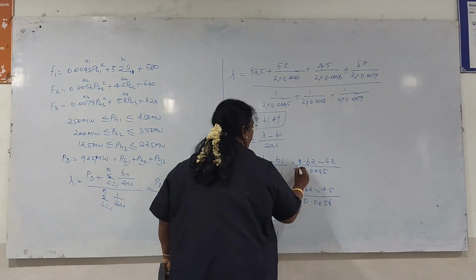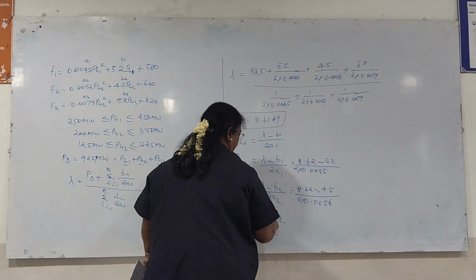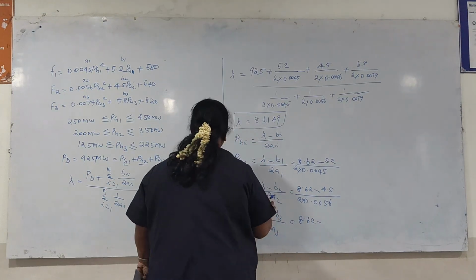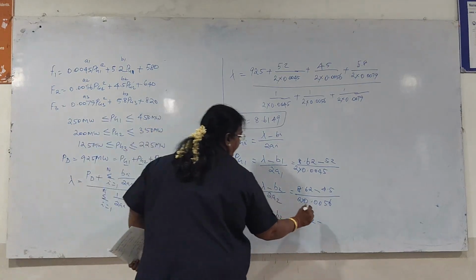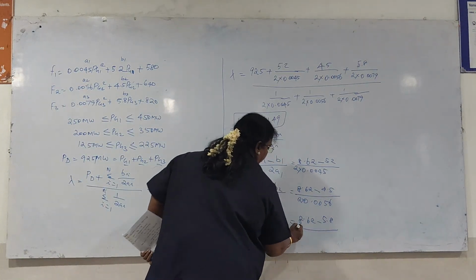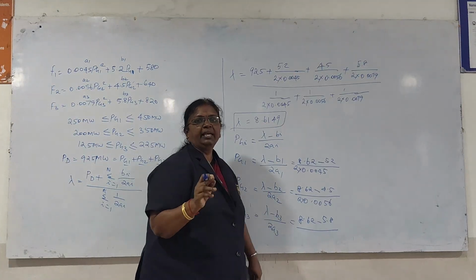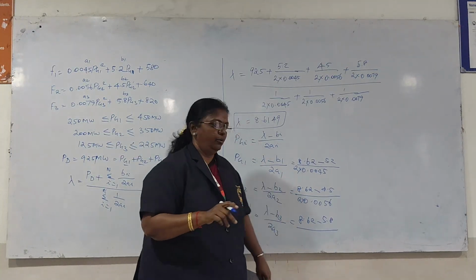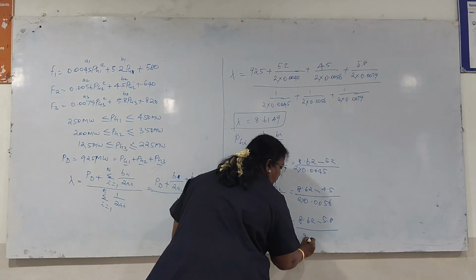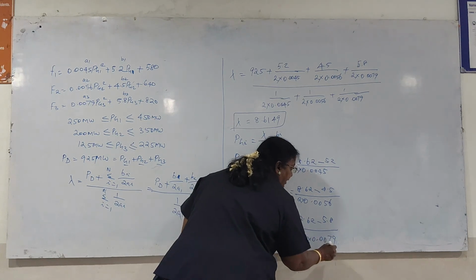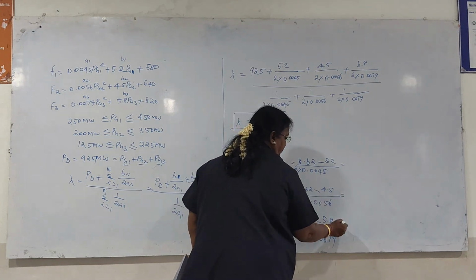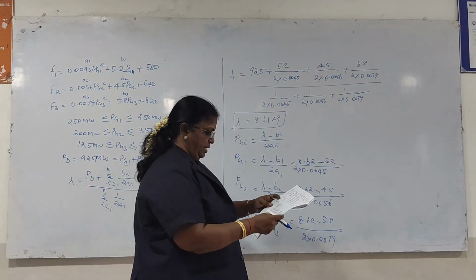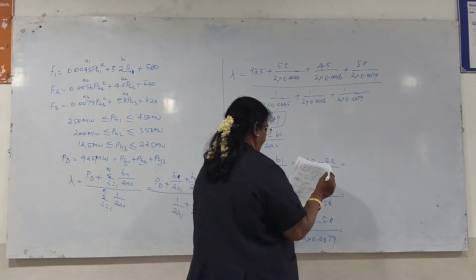Then lambda 8.62 minus B3. B3 is 5.8 by 2 into A3. A3 is 0.0079. Use your calculator and calculate this value.